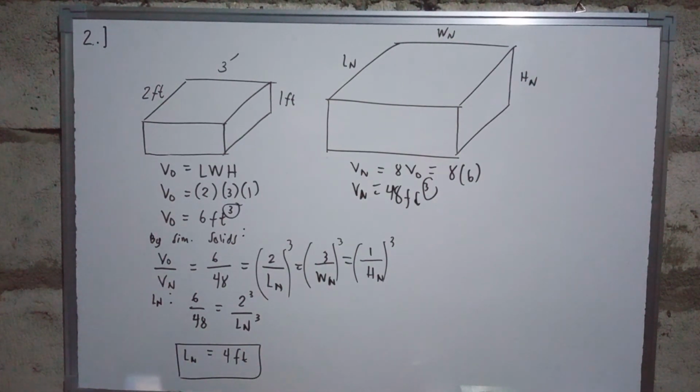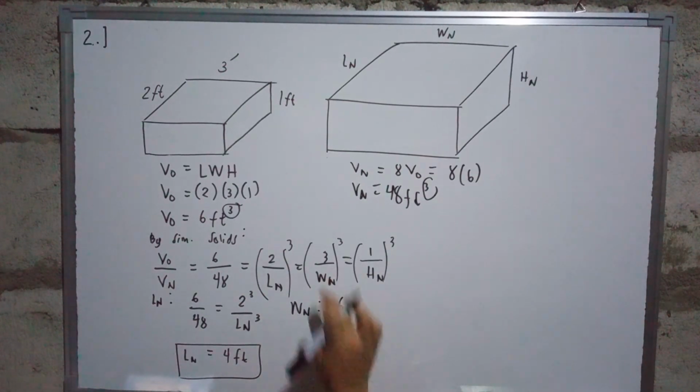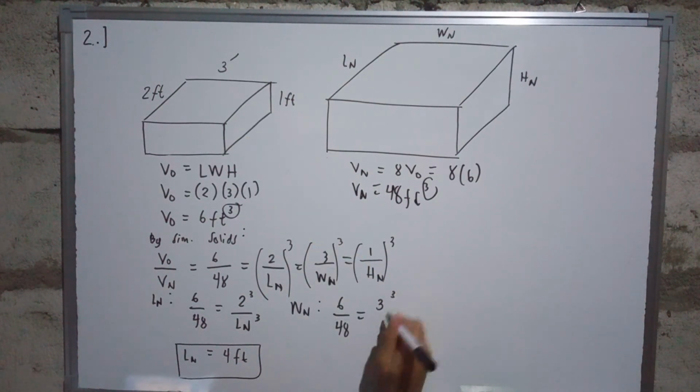So, isolve naman natin yung value ng ating W sub n. 6 over 48 is equals to 3 cube all over W sub n cube. So, W sub n is now equal to 6 feet.